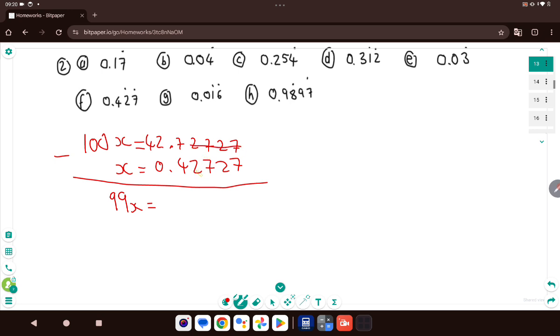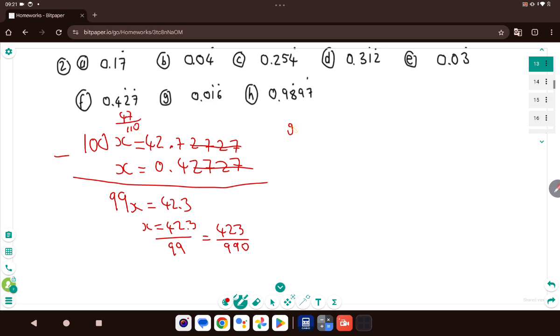It disappears from here. 42.7 minus 0.4 is 42.3. Divide both sides by 99. Multiply numerator and denominator by 10. That simplifies to 47 over 110.